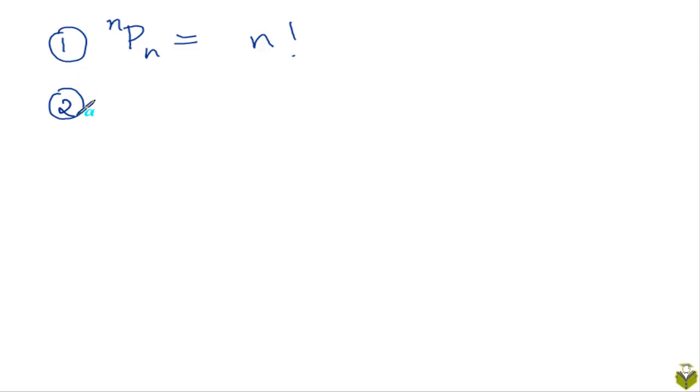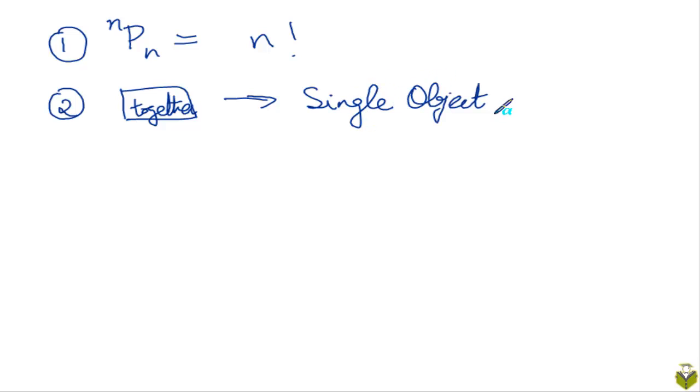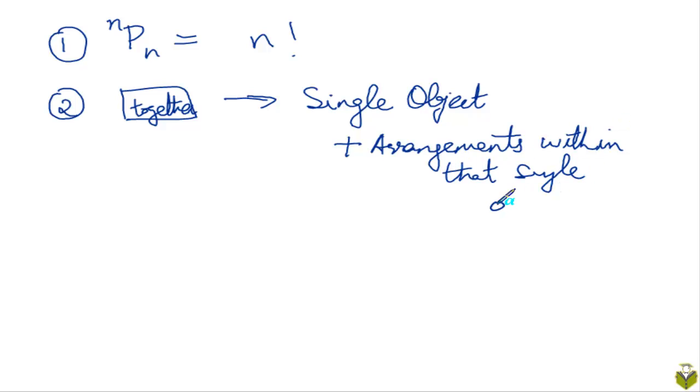Another very important one is that whenever you see the word together, so you have 3 objects coming together or 4 objects coming together, that implies that you treat this as a single object and also consider the arrangements within that single object. So you can solve such questions.